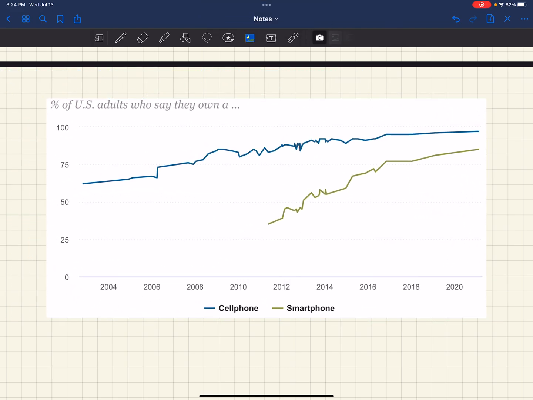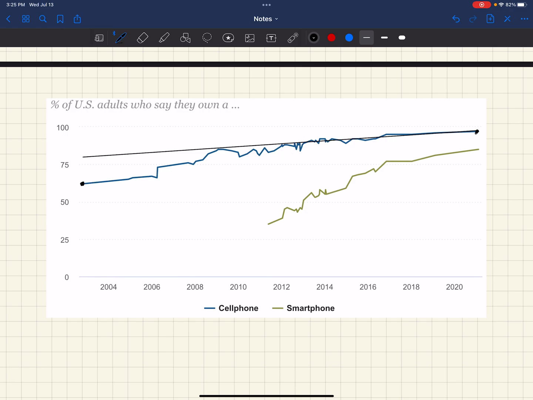Let's just say this is the topic that I want to work on, because I'm passionate about cell phones and I want to see how they impact people and how cell phones have changed the world. I'm going to make this into somewhat of a straight line. From here to here, it's somewhat of a straight line.